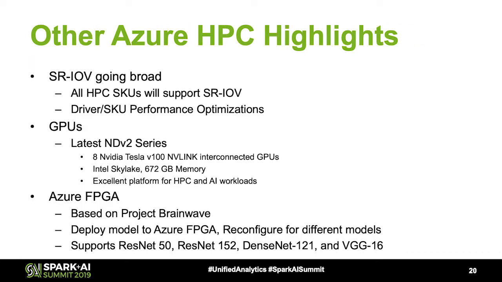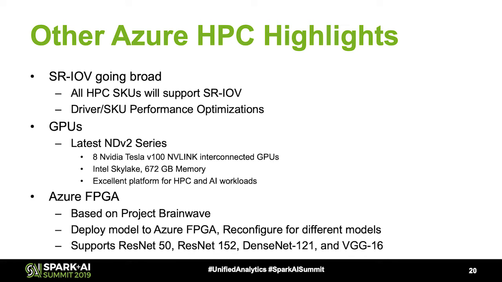And let me give you a brief overview of what other Azure HPC SKUs are, or a few highlights. So with SR-IOV going broad, all the Azure HPC SKUs will have native IB support. And we also have some driver and SKU performance optimizations that are coming.